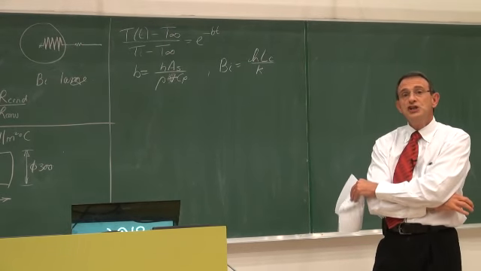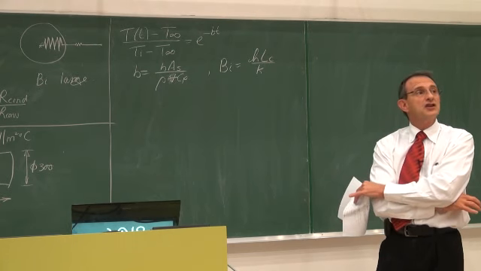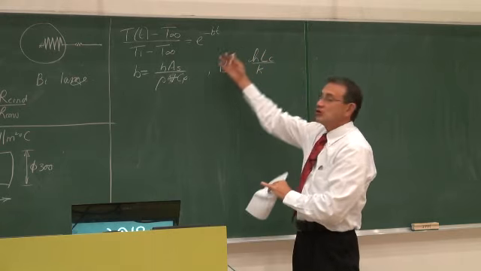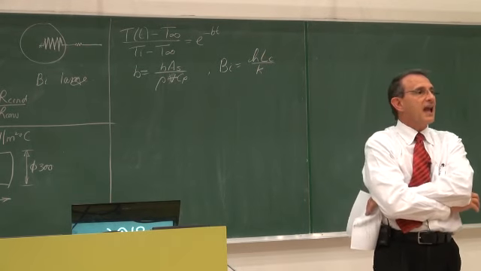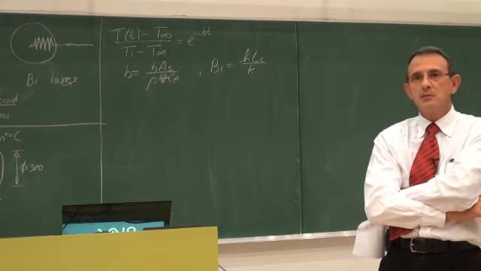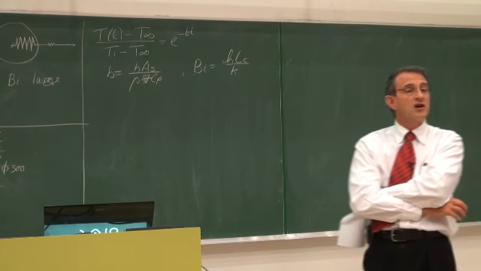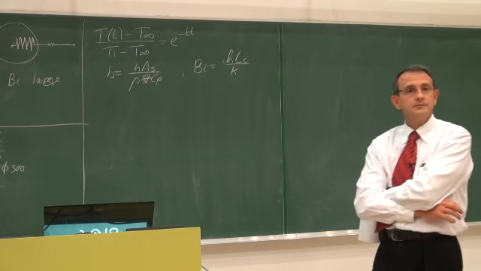Okay. So the first thing we need to do is to determine if we use this approach, would the answer be accurate in terms of a lumped system approximation? So we need to determine the Biot number and see if it is smaller than 0.1.